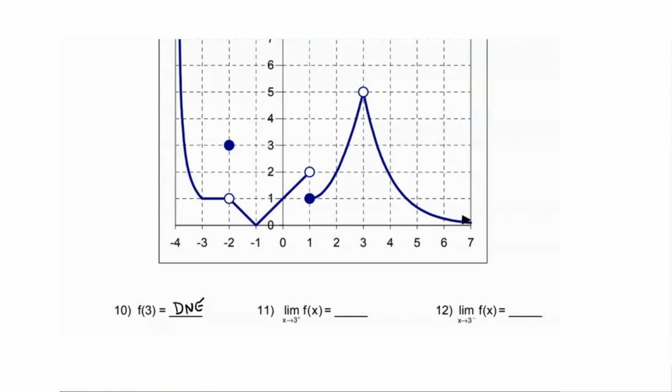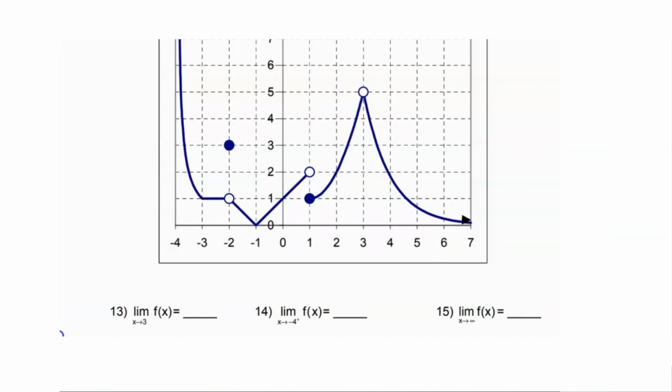Even though it's not defined at 5, the limit still can equal 5. And then as x approaches 3 from the left, we start from the left side, we go up, and we can see that its limit value is also 5. So the key concept students need to understand is that the value can have a hole there, but we can still have a limit as long as the left-hand limit and right-hand limit are the same.